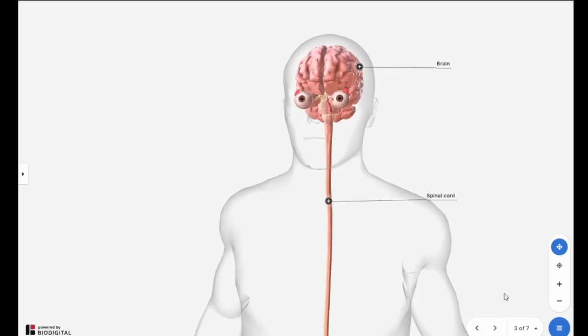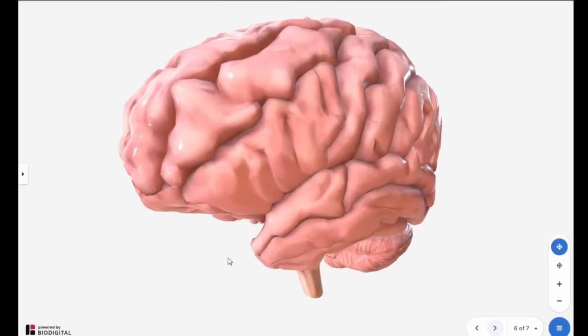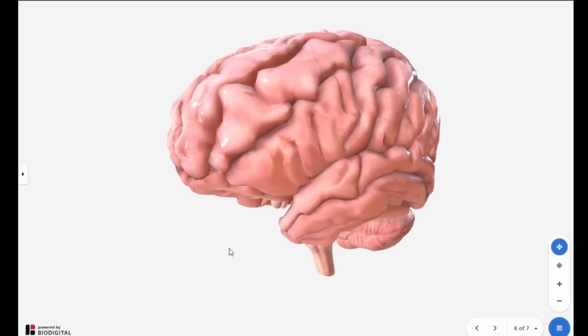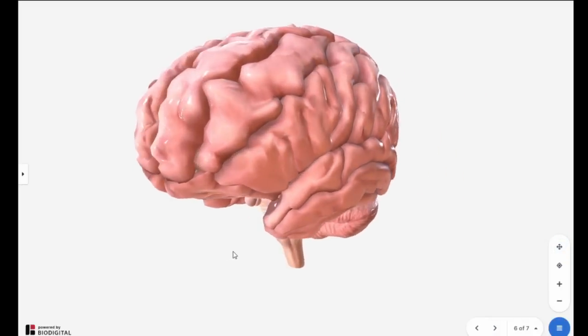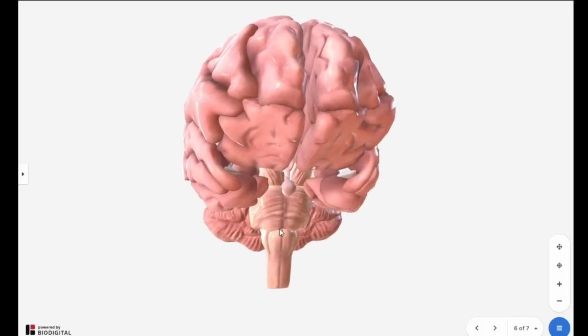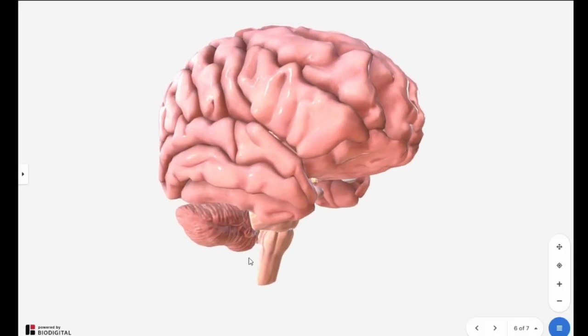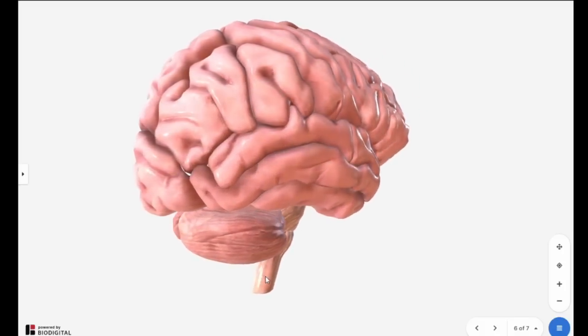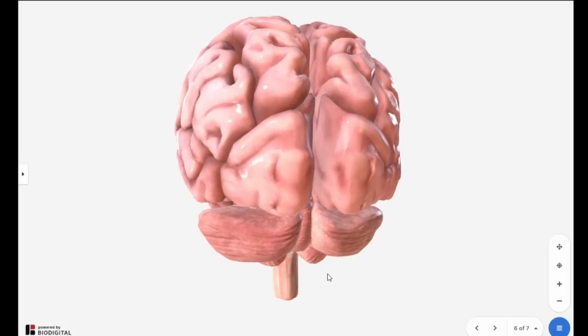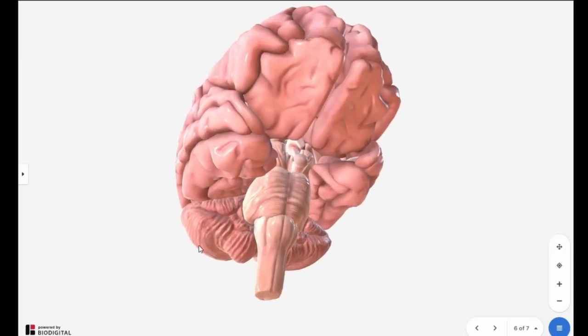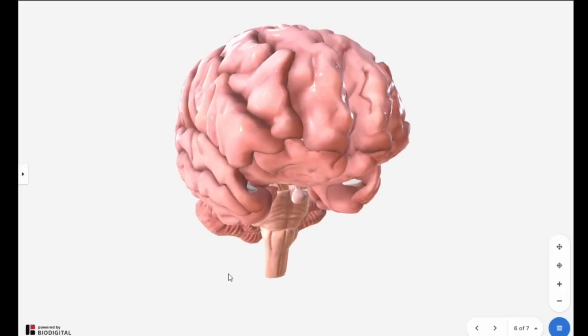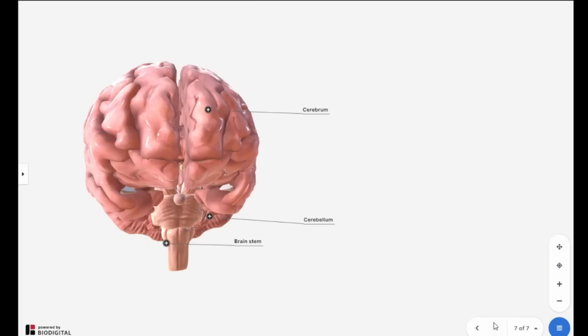Let's go now to the brain. So this is a three-dimensional image of the brain. It's a human brain. So the brain has a lot of parts, but we can divide it into three main sections.